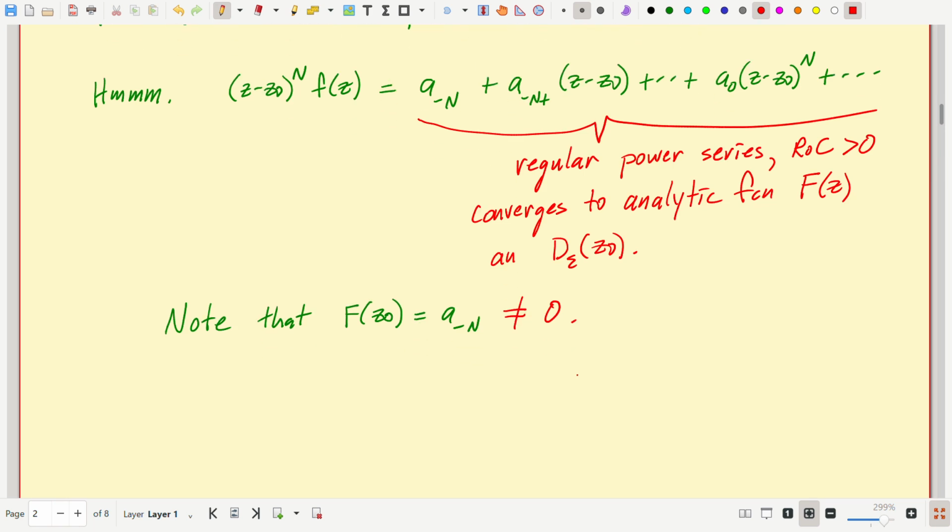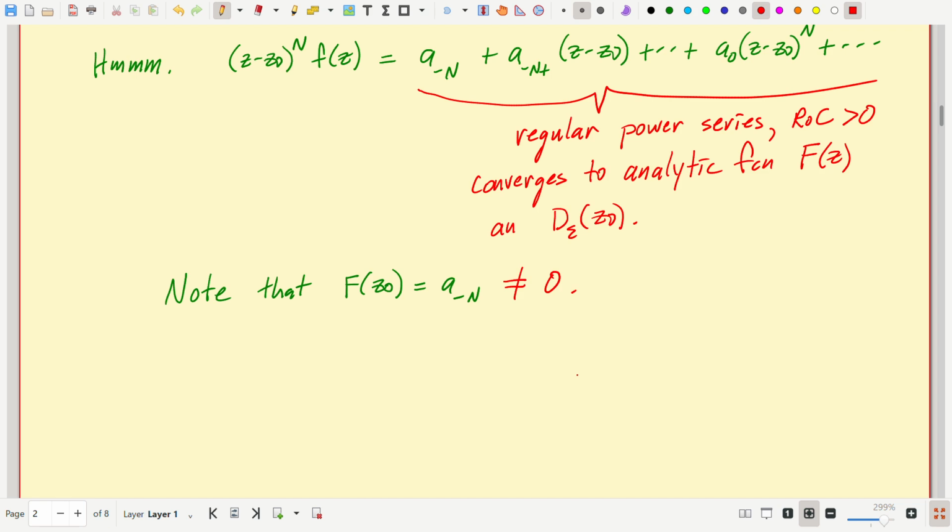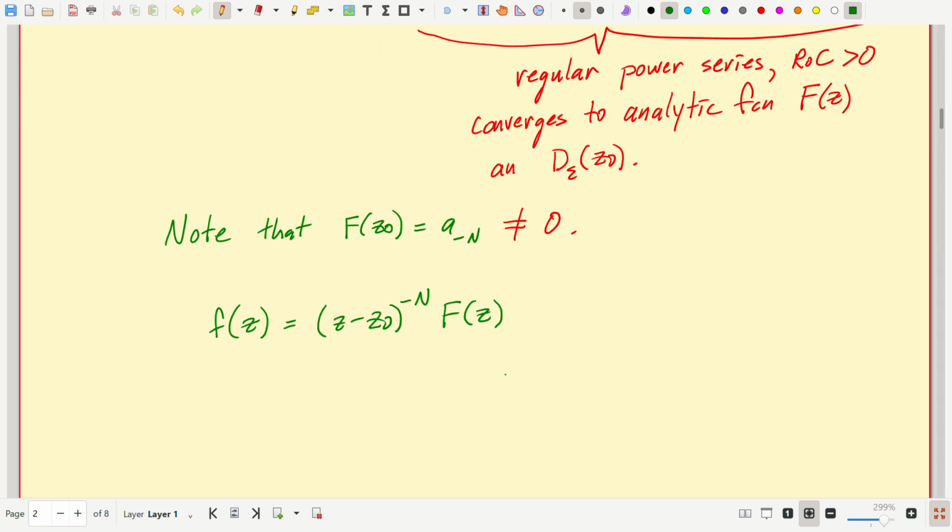Okay, so in fact, we see that because of that, we can write f of z equals capital F of z times z minus z naught to the minus n. I guess this is just like the zero business. If it was a zero, that would be a plus n. If it's a pole, it's a minus n.